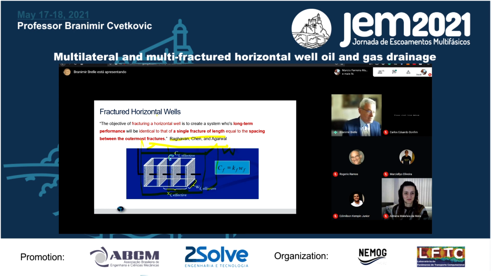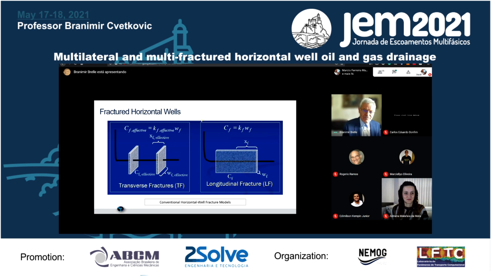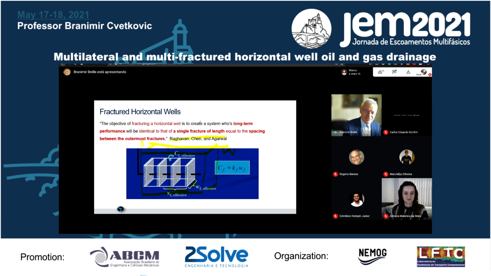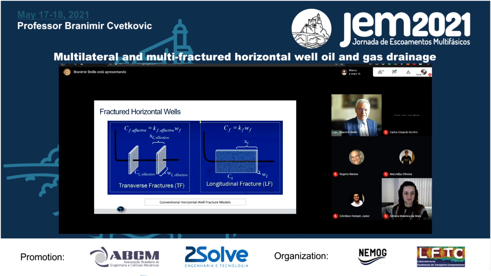So now, once again, that is in the last overhead discussing this. I have this CF effective number, which is going to be K effective multiplied by fracture length.